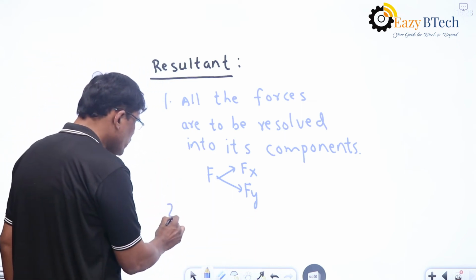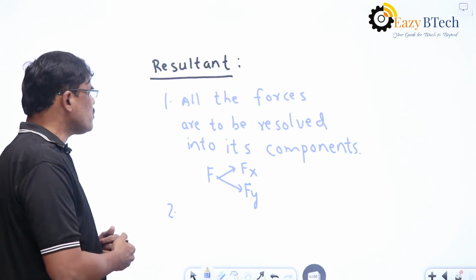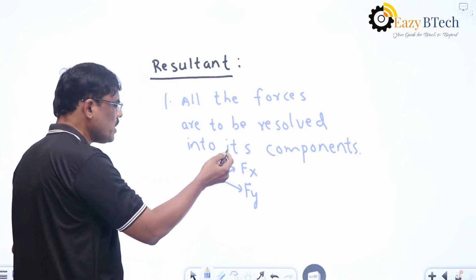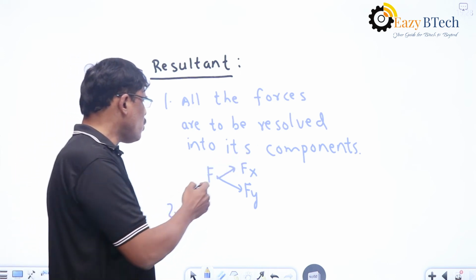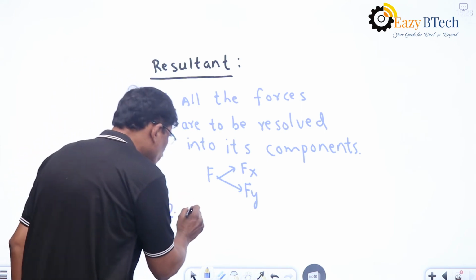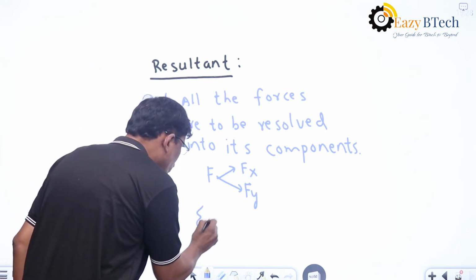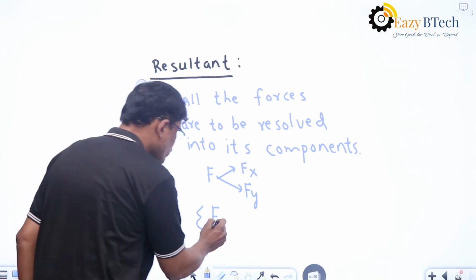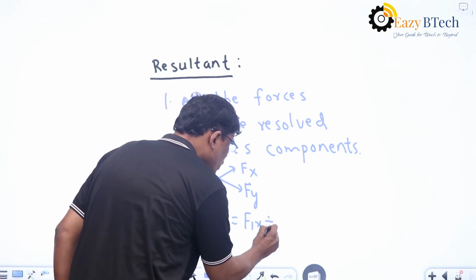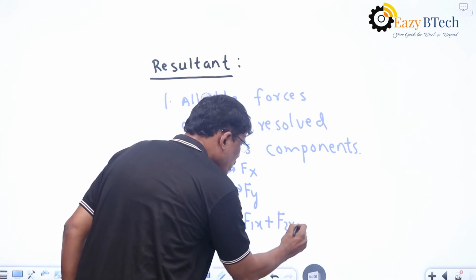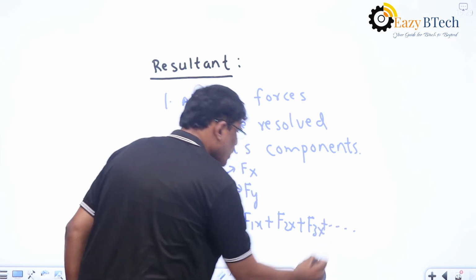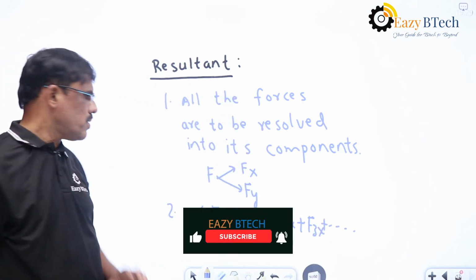The second thing is, after finding the components like F1x, F2x, F3x, F4x and so on, and F1y, F2y, F3y, F4y and so on, we should find the algebraic sum of the x components. So sigma Fx is equal to F1x plus F2x plus F3x and so on. It depends upon the given number of forces.